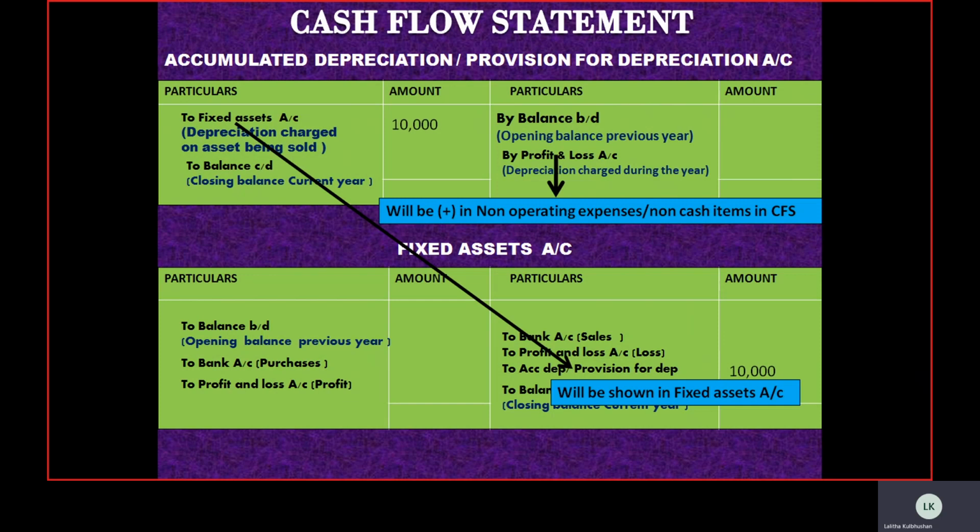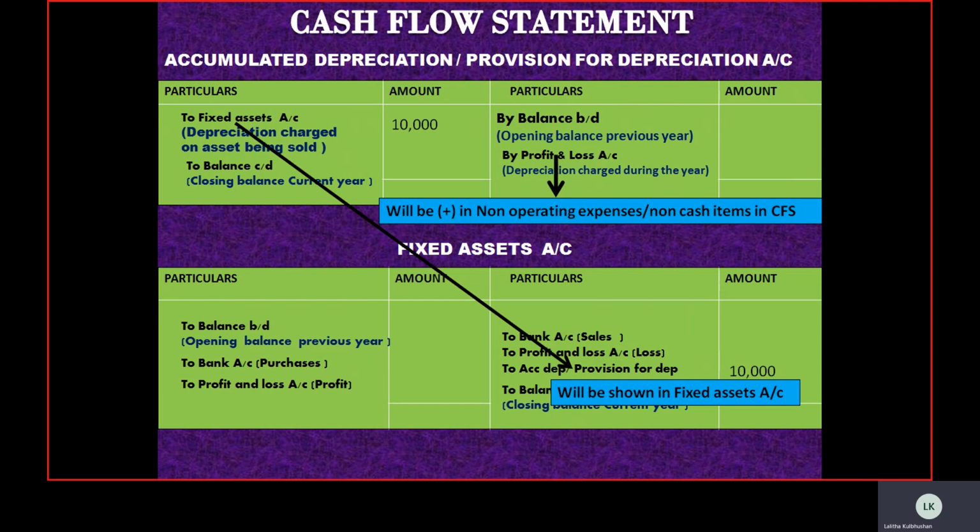Suppose this profit and loss account has been given and the value of the depreciation charge on the fixed asset is also given. When these two things are given, remember that the value which is written in the statement of P&L will be shown in the CFS. So during that time, you won't show the value of the depreciation charged on the specific fixed asset which is being sold.